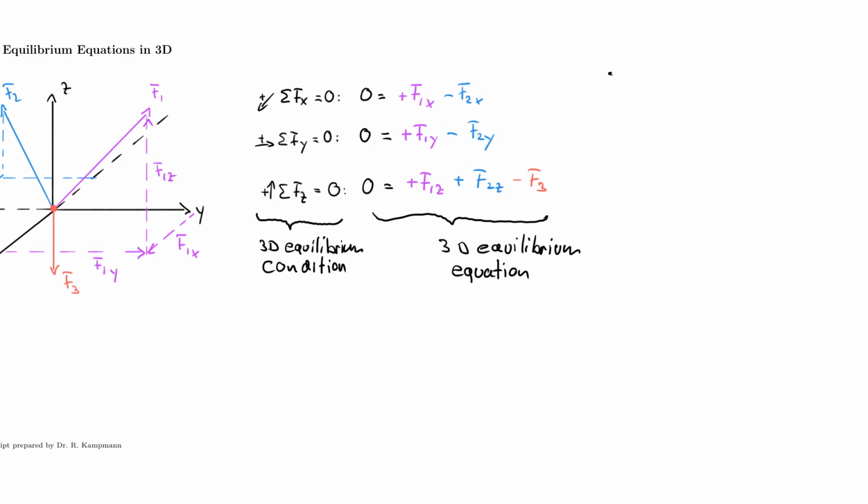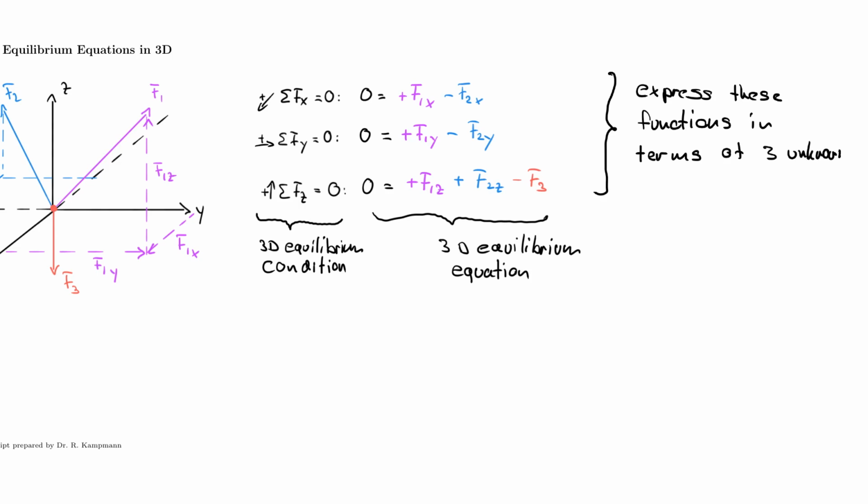So ultimately, express these functions in terms of 3 unknowns. So that means in this case f1x, f1y, and f1z all are expressed through f1.